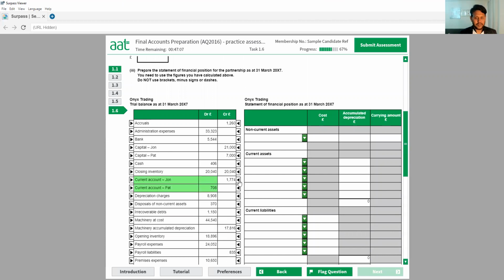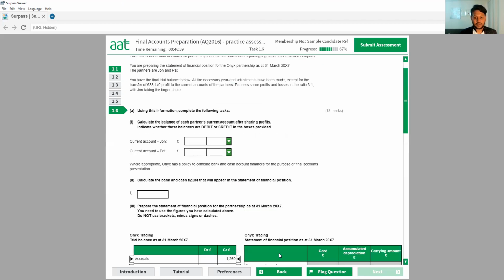For John and Pat, John, we have a credit balance of 1,774. So let's write it down. This workings, you have to remember how to do it. So we have John, Pat. So current account, trial balance.